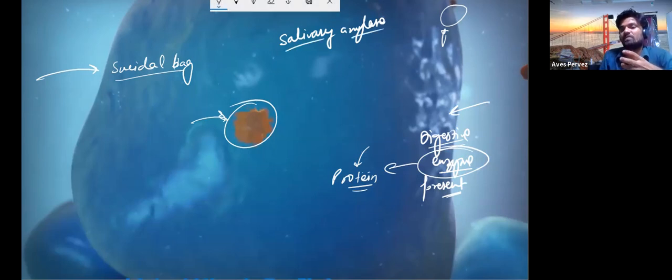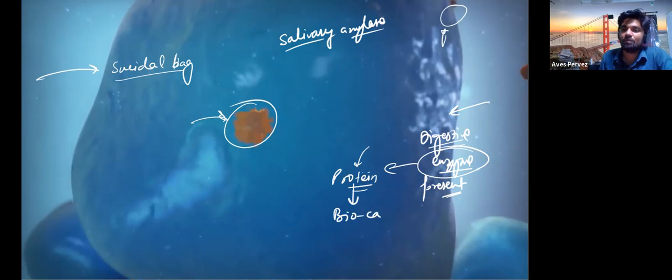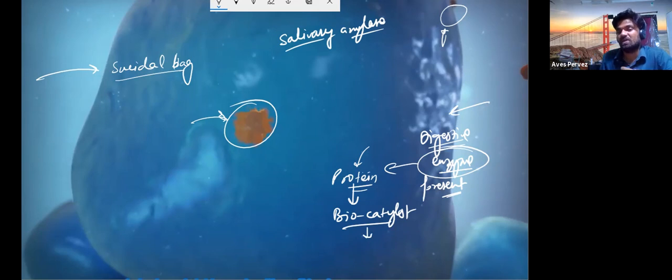So what is the function of enzymes? Enzymes are biocatalysts. These are protein molecules that increase the rate of reaction, meaning they make the process faster. They are substances that help in the digestion of something.